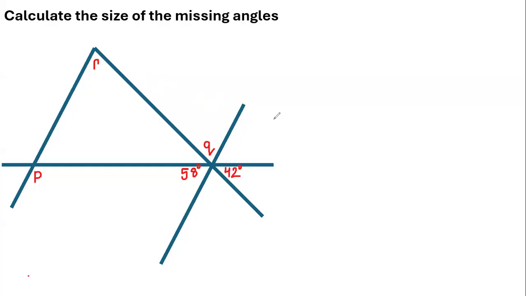Where's Shantazia? And Zion Davis. Where's Zion? Zion, can you hear me? Zion Davis.